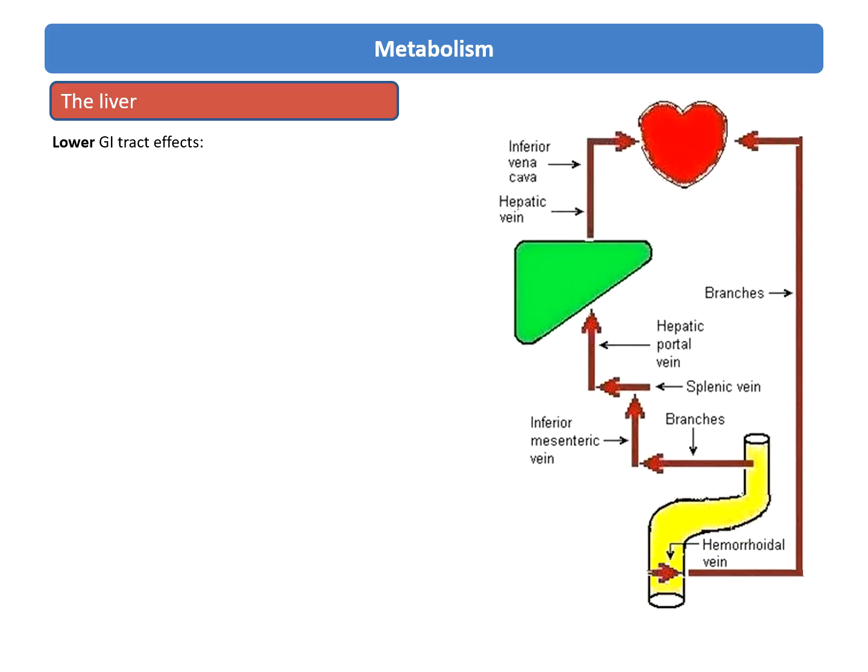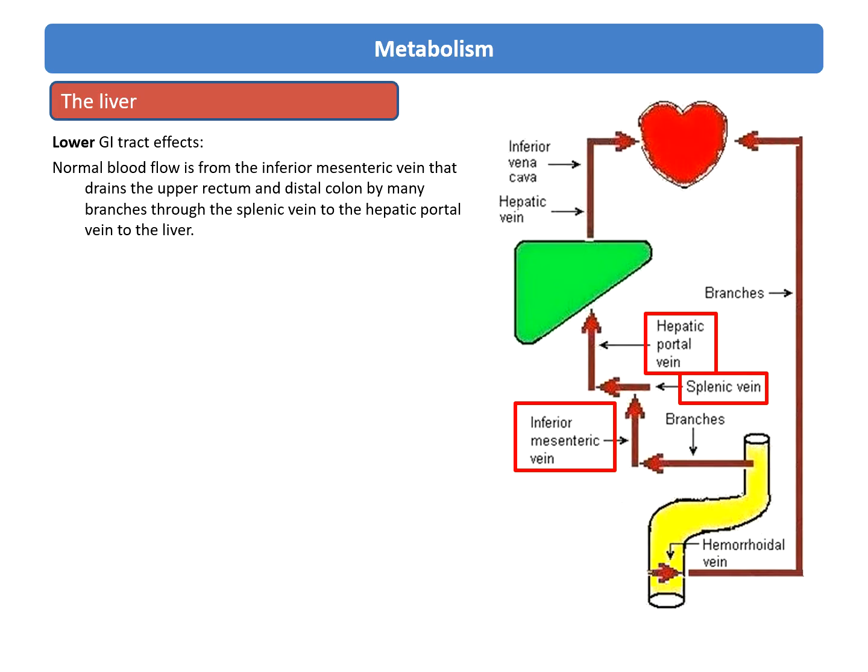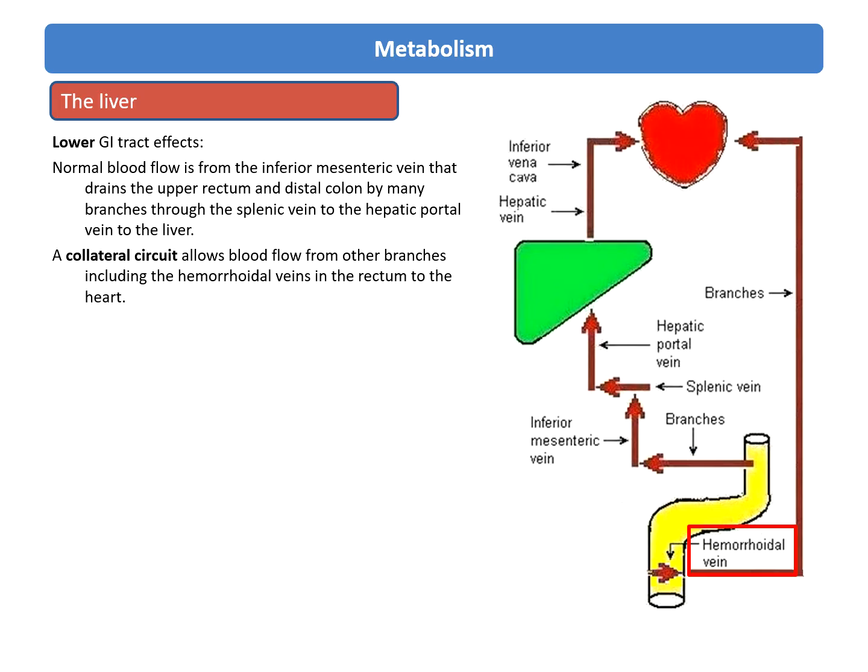In the lower GI tract, there are also effects of obstruction. The normal blood flow is from the inferior mesenteric vein that drains the upper rectum and the distal colon by many different branches through the splenic vein to the hepatic portal vein and to the liver. The collateral circuit exists that allows blood to flow from other branches, including the hemorrhoidal veins of the rectum, to the heart.